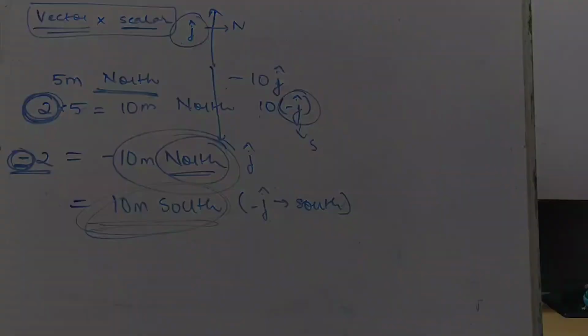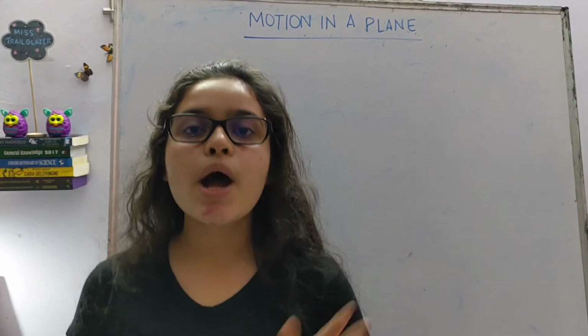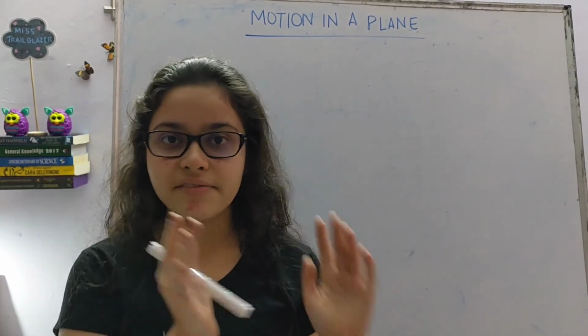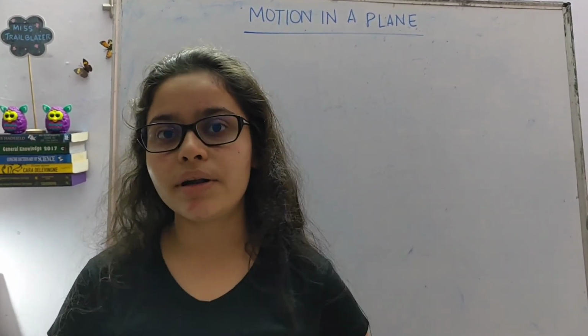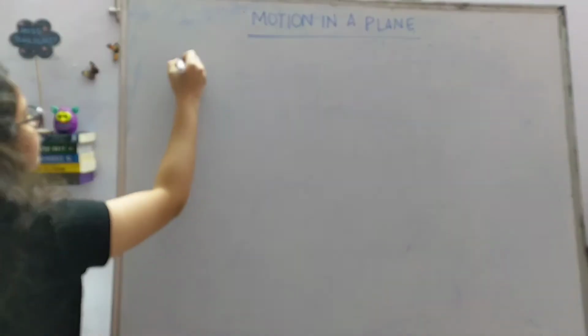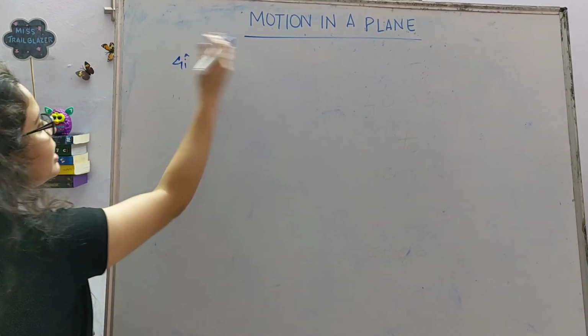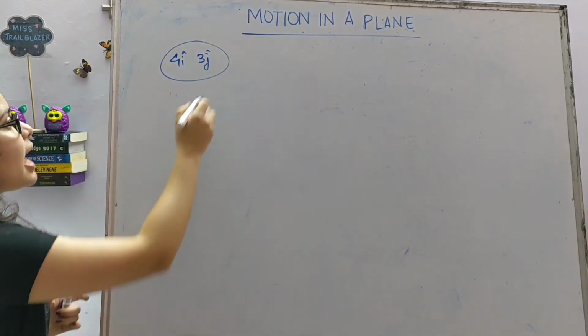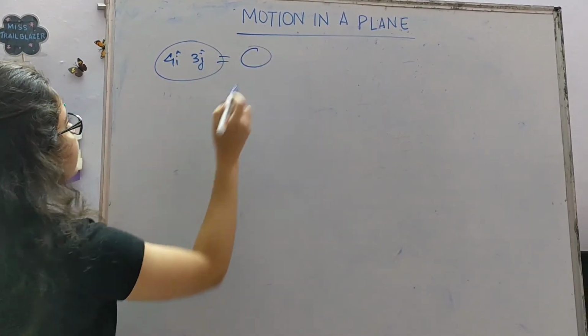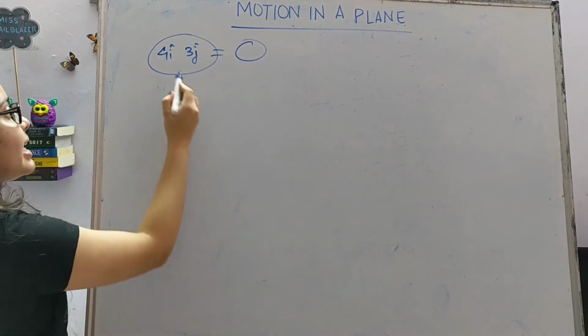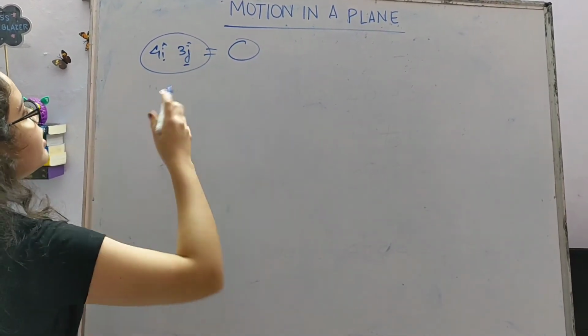Alright? So just now you saw what happens when a scalar is multiplied by a vector. But what if I want to multiply a vector quantity by another vector quantity? Say for instance 4 i cap into 3 j cap or something like that. I want to multiply these two and get a resultant vector quantity. What will I write? Will I write i cap in the result, j cap, or k cap?